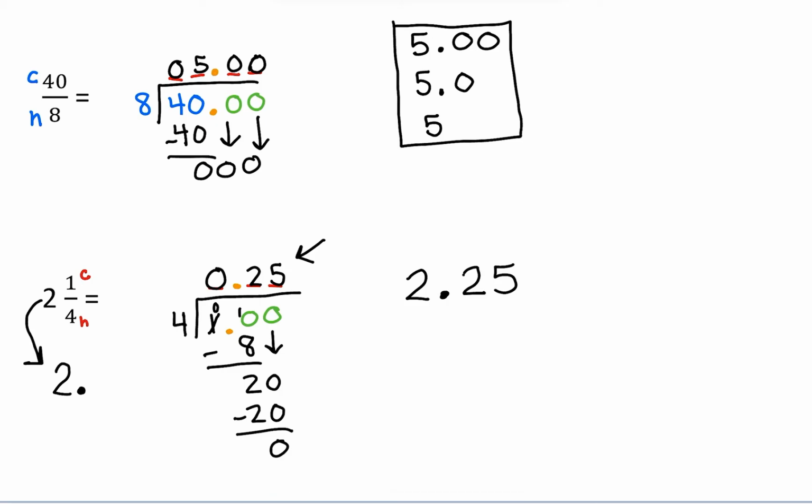So again, my whole number comes from here, and then my decimal comes from here. The 2 is essentially replacing that 0. So the 0 is not important anymore. My whole number, my decimal gives me this answer. So there's not any extra zeros this time, so 2.25 would be my final answer.